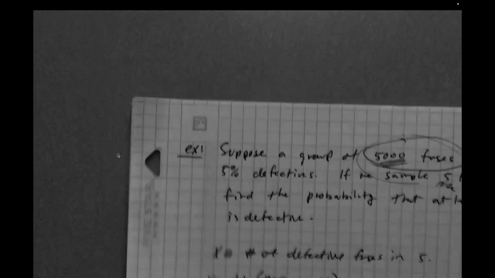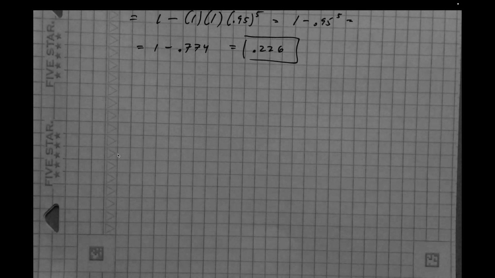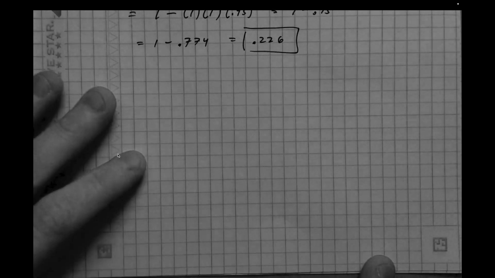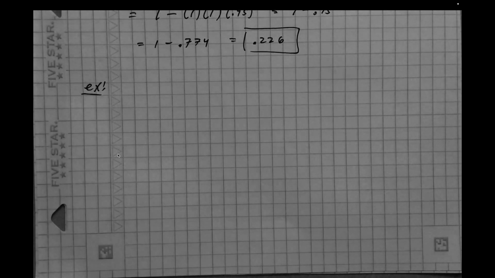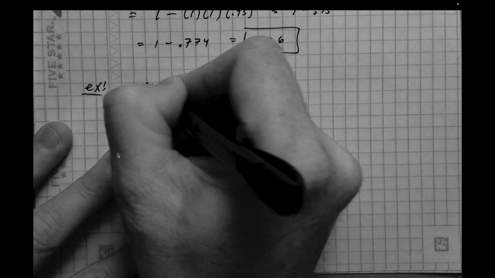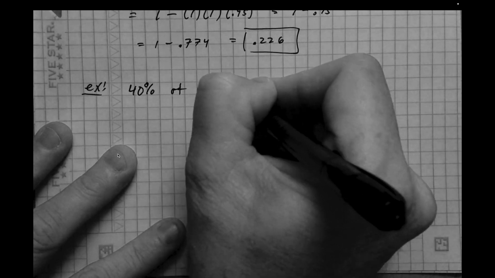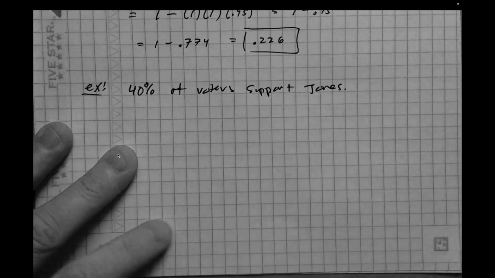Let's try another example. This is kind of a voting example, also a very common application here. So suppose that 40% of a large population of voters supports candidate Jones. So 40% of voters support Jones.